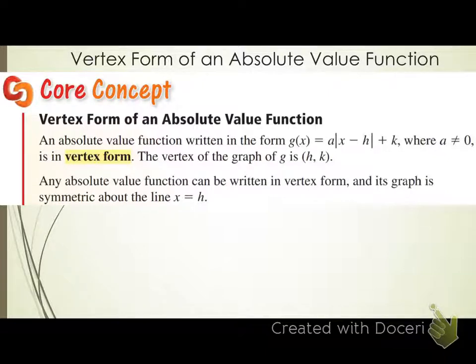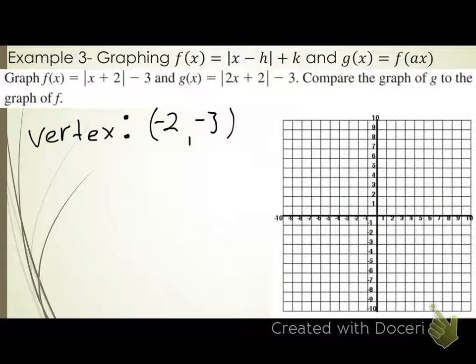Does everyone see why my x value for my vertex is -2? So it's -2, -3 for my vertex. There's one of my points right there. Everyone okay with that?